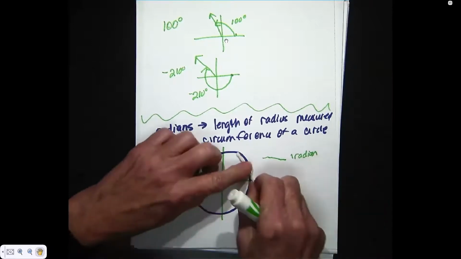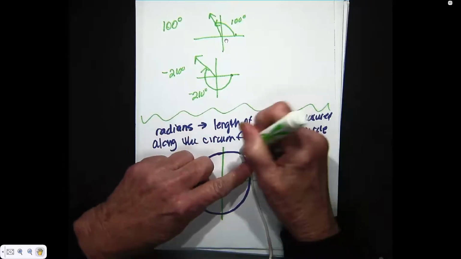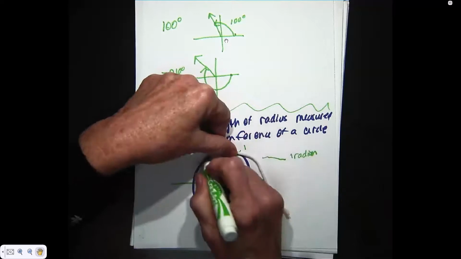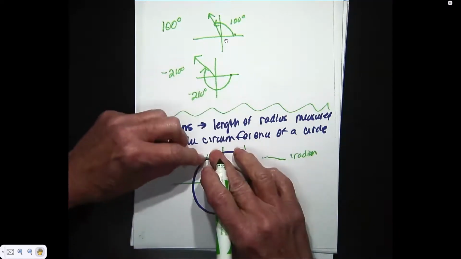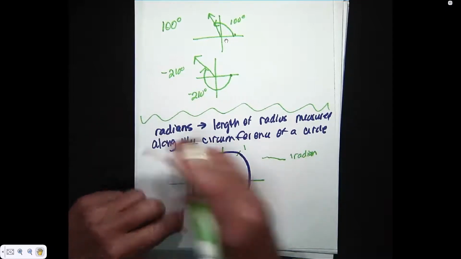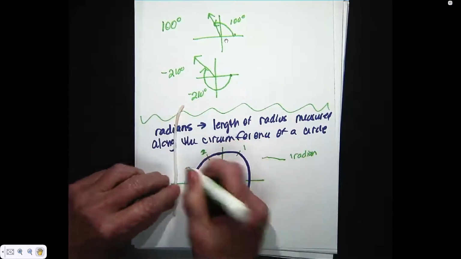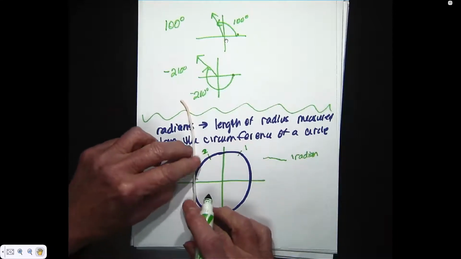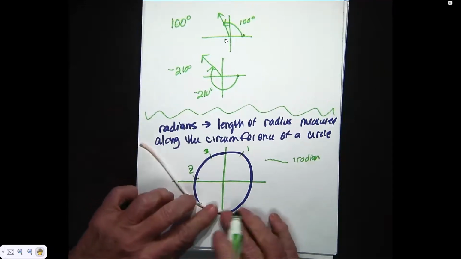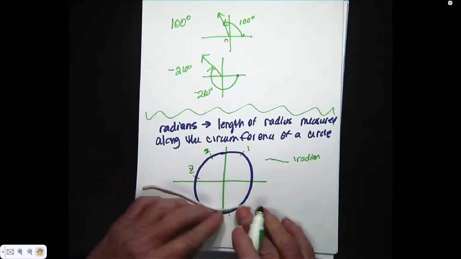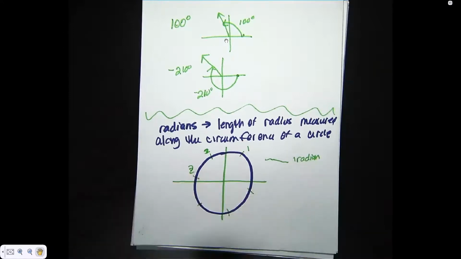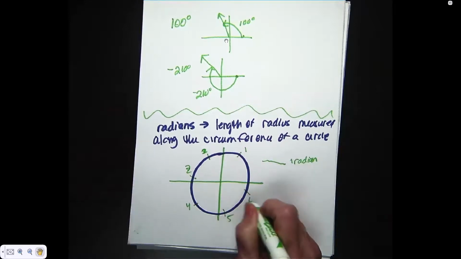Okay, so if I were to take and lay this out along my circle, there is 1 radian, there is 2, there would be 3 radians, and then continuing on around my circle, 4, 5, and 6.